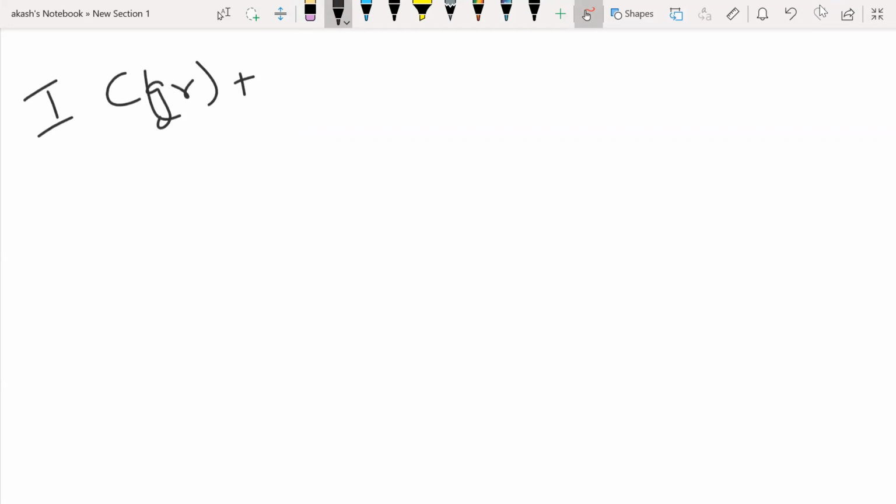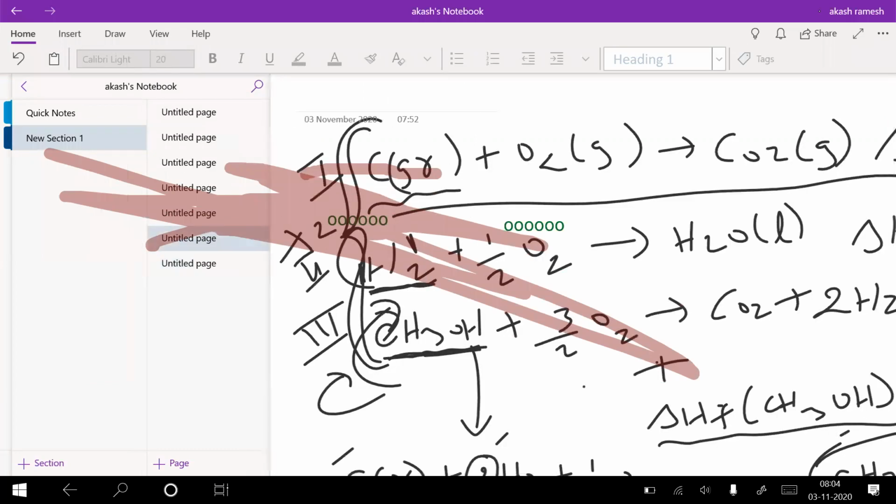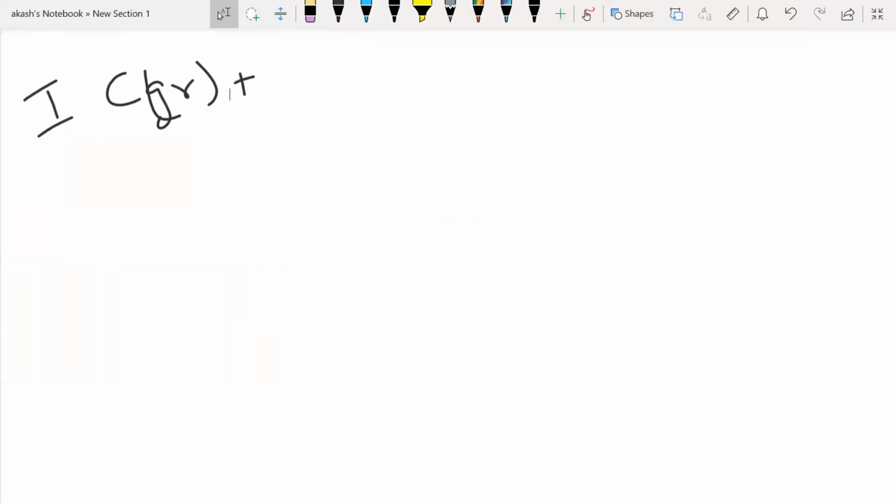Carbon graphite plus O2 gives CO2 plus H2O. Sorry, CO2 only, I think.